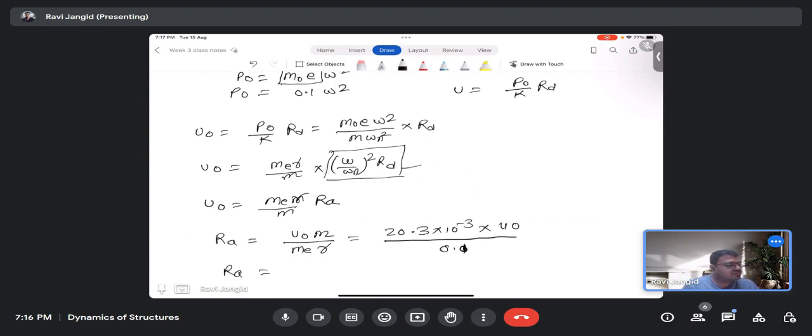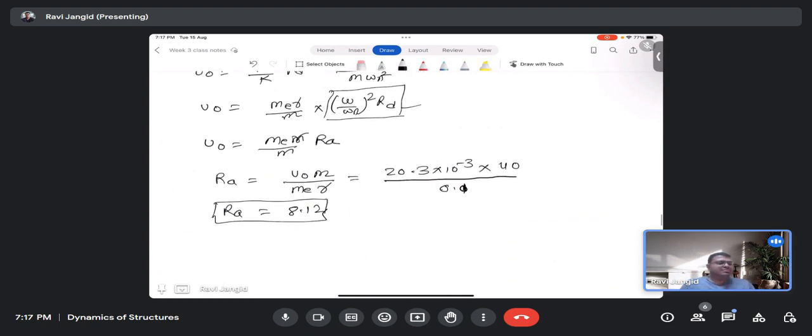Can you find out? That will come out to be 8.12. Yes, 8.12. So for the maximum, what is the value of maximum RA, RD, and RV?